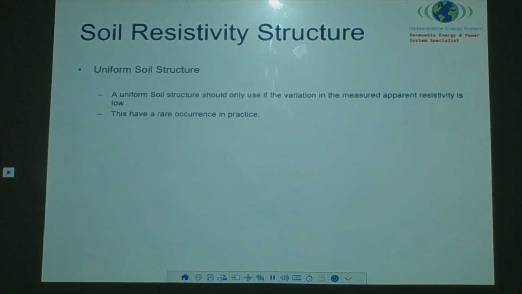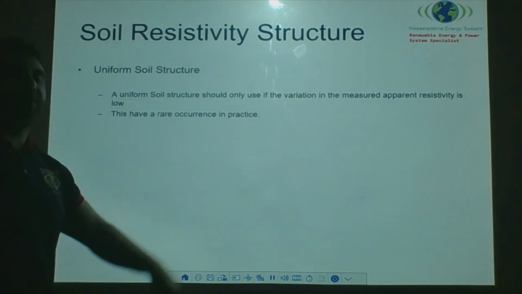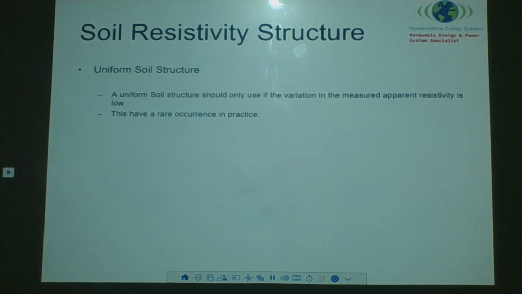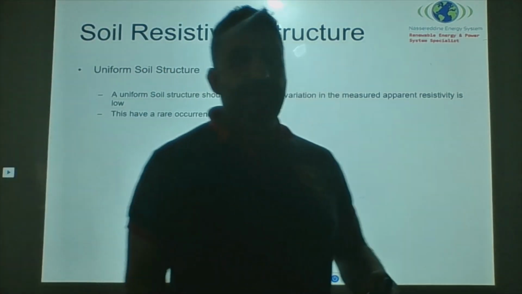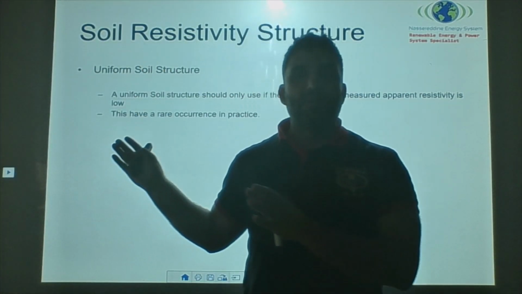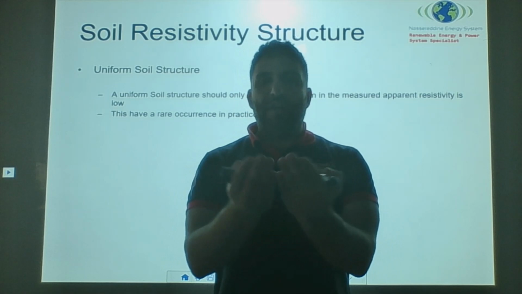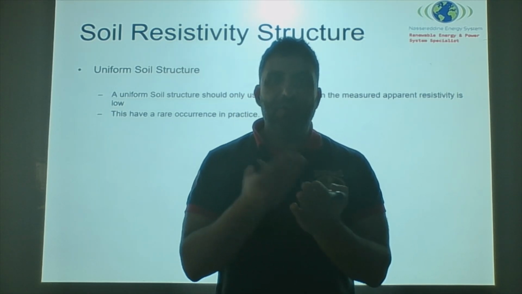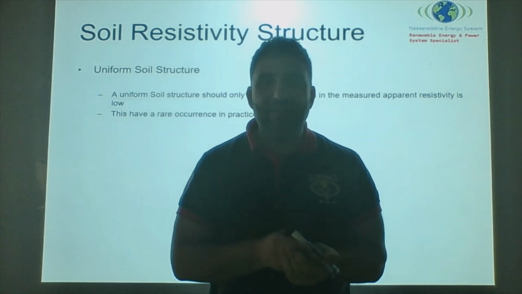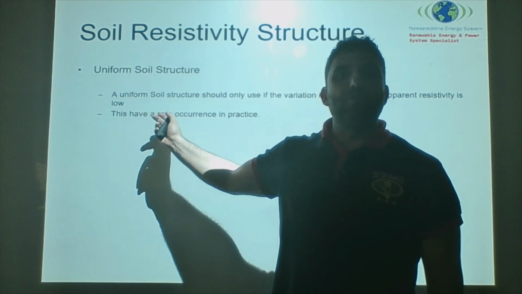This has a rare occurrence in practice, especially in a developed area. During my experience in this field, one of the biggest challenges whenever I receive a report to review or to audit is that they use uniform.